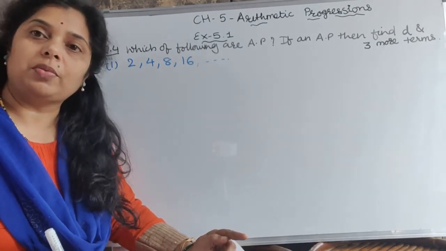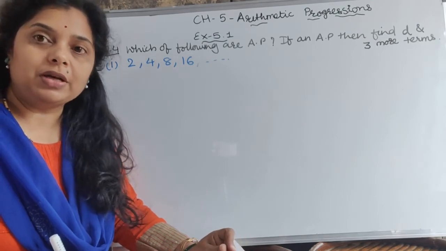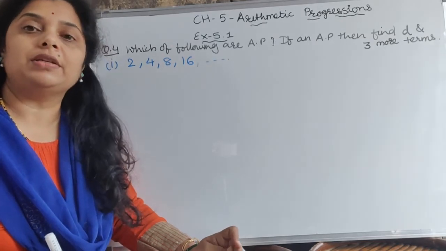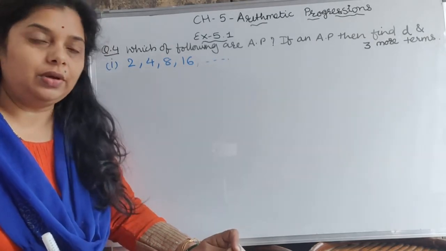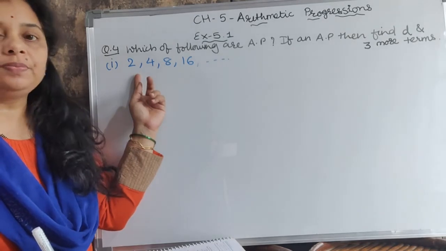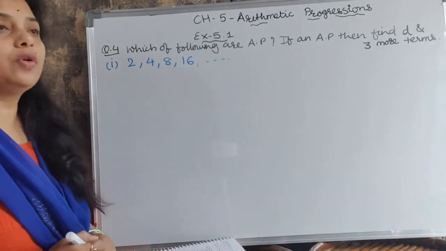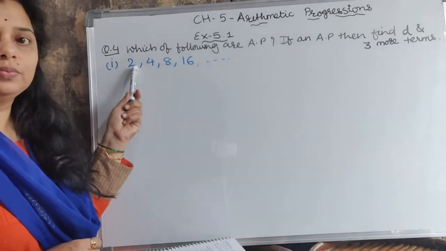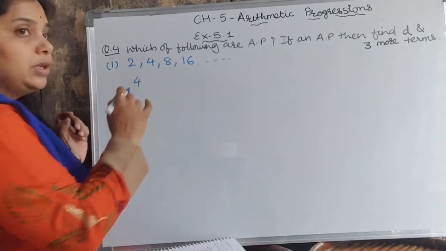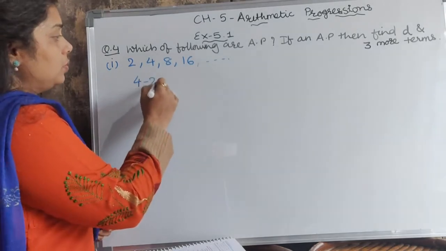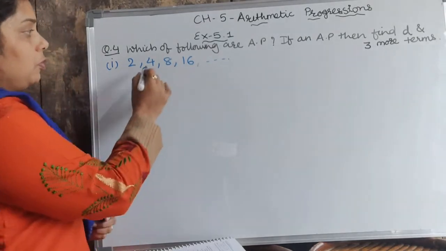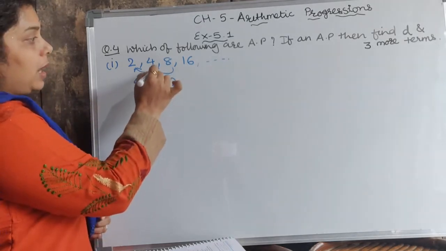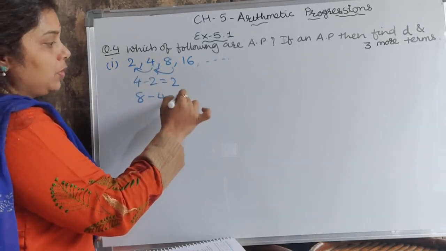Okay, so what is the formula to find A5? A plus 4D. A6 is equal to A plus 5D and A7 is equal to A plus 6D. Okay, so let's start. First one, if you see the numbers 2, 4, 8 and 16. 4 minus 2, I do directly, you can do it later in your notebook. 4 minus 2 is equal to 2. 8 minus 4 is equal to 4.